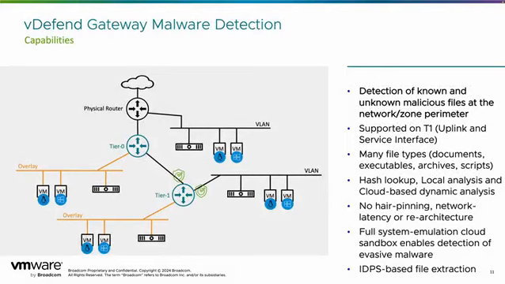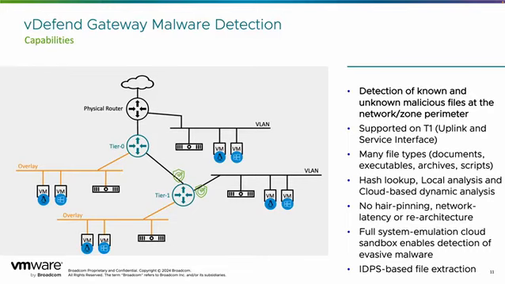So just kind of bringing this back from a gateway perspective, we talked about this. This is detection only, so we can detect known and unknown files. We support this on the T1, so this is the uplink and service interfaces. We can do all of the different file types here, and again, we need to either have it in clear text or have TLS inspection enabled to do any encrypted content.